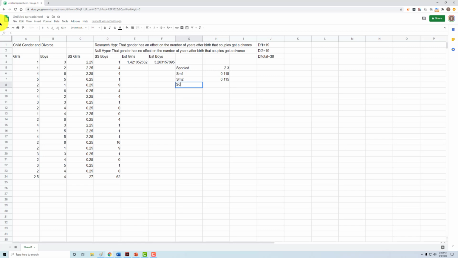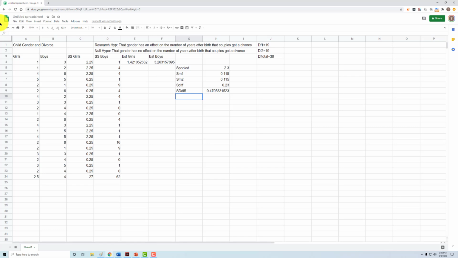So the actual variance for the two means, or the difference score, is going to be equal to 0.115 plus 0.115. And then we get the standard deviation of the difference score. We just take the square root of the 0.23, and there we go, right at 0.48 is roughly my standard deviation.